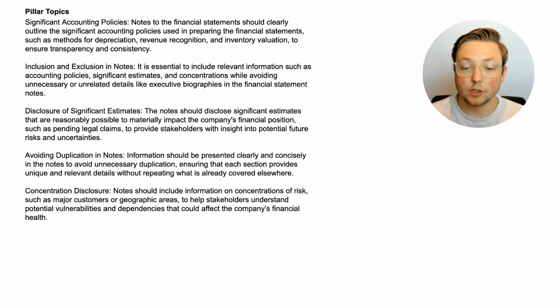And then finally, notes should include information on concentrations of risk, such as major customers or geographic areas, to help stakeholders understand potential vulnerabilities and dependencies that could affect the company's financial health. So overall, it's everything about the risk and the current finances and how you got to those current finances. Anything that's not necessary or that's duplicated, you wouldn't want to have in there.